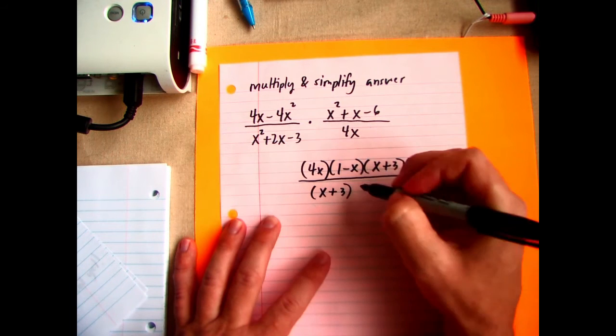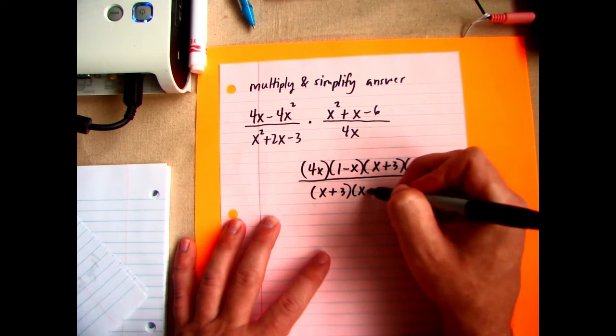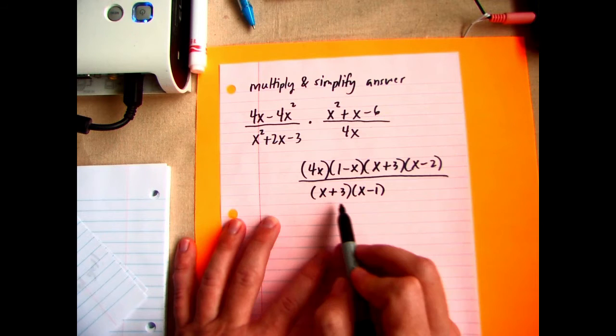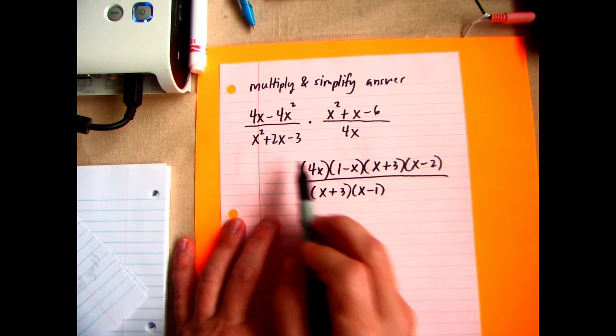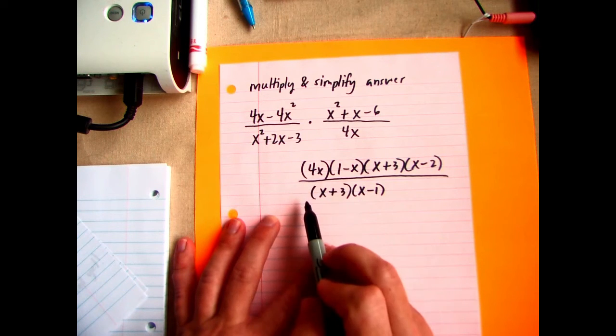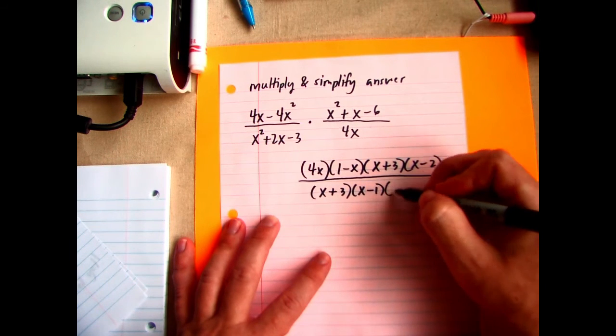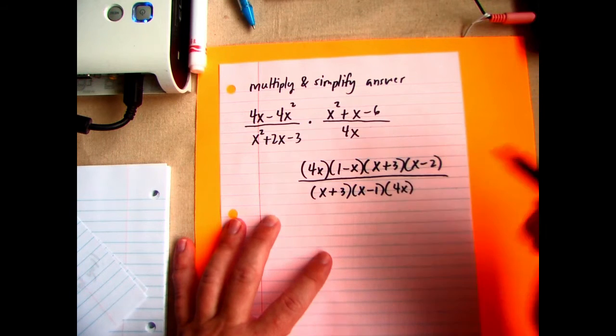Let's factor the first denominator. That factors to x plus 3 times x minus 1. And the second denominator is just 4x, so we'll just leave that alone by itself.